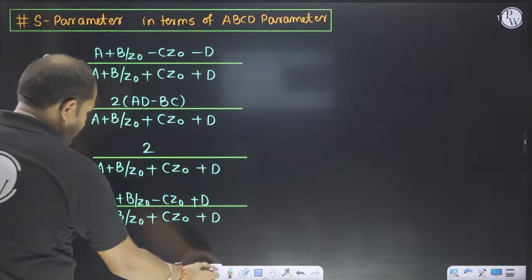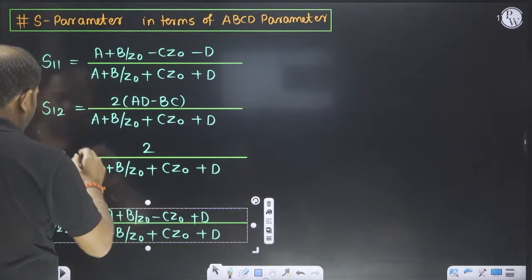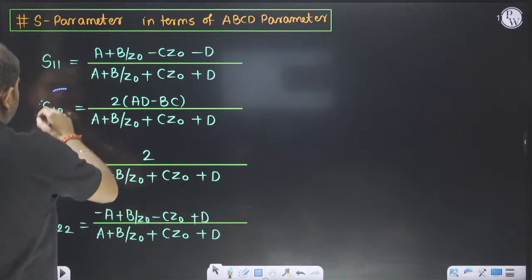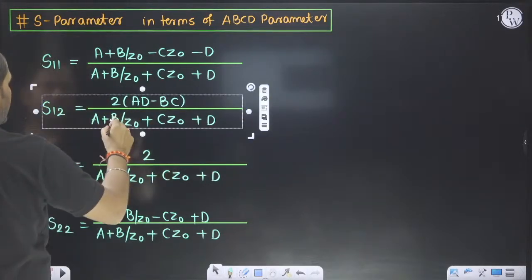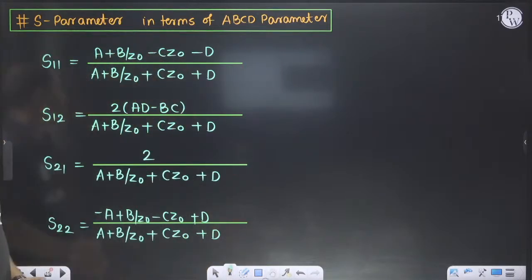Then one more formula you also have to remember, that is ABCD parameter in terms of S parameter. You can write down this formula.